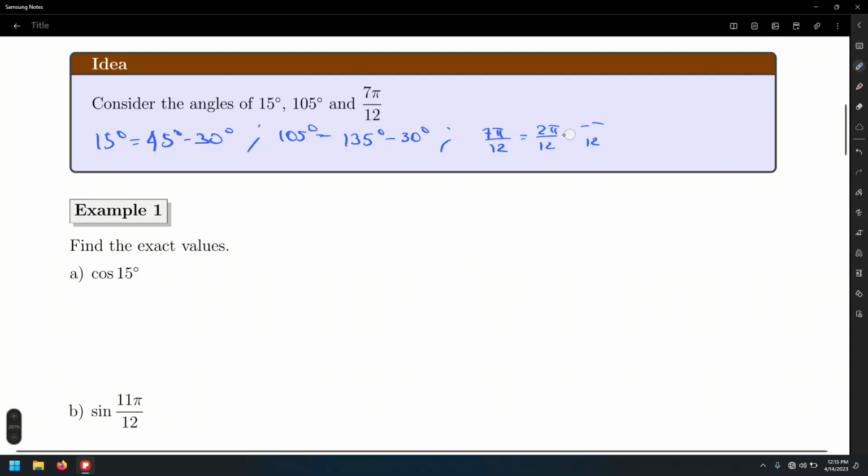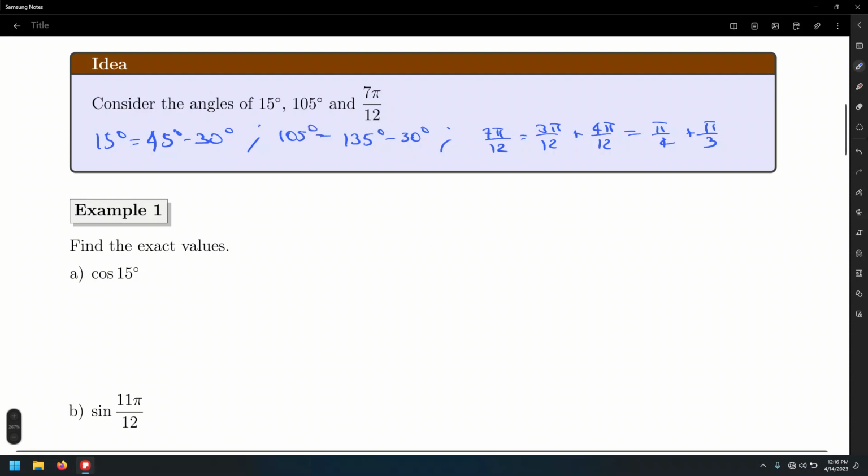So we need to find another way. Let me go with 3 pi over 12 plus 4 pi over 12. How about that one? 3 pi over 12 reduces to pi over 4, and 4 pi over 12 is pi over 3. These are two elementary angles from the unit circle, right?